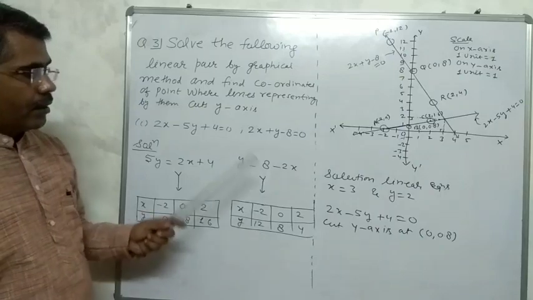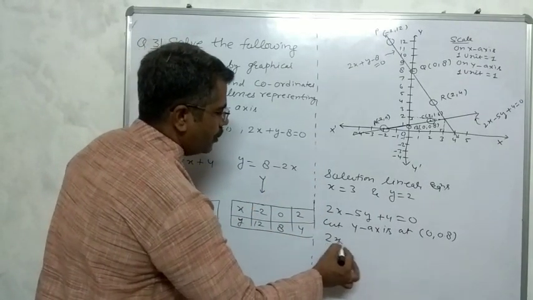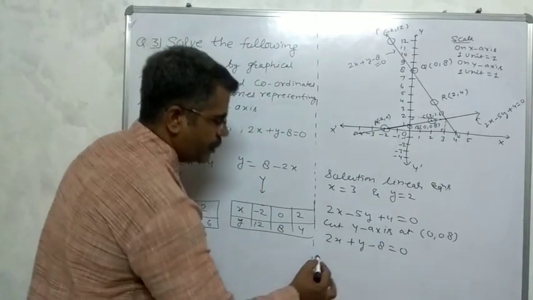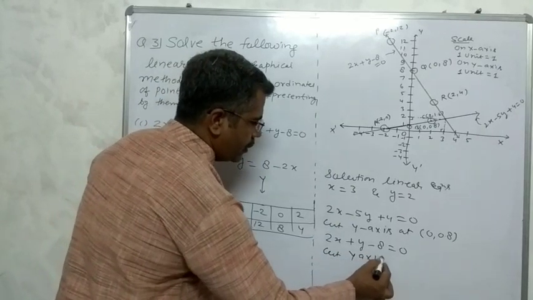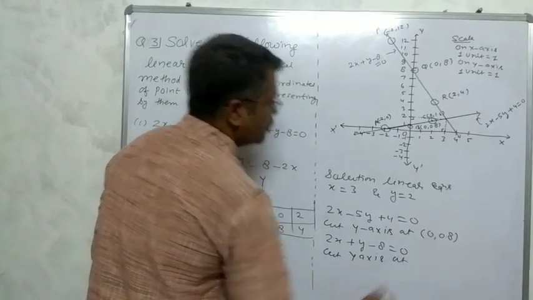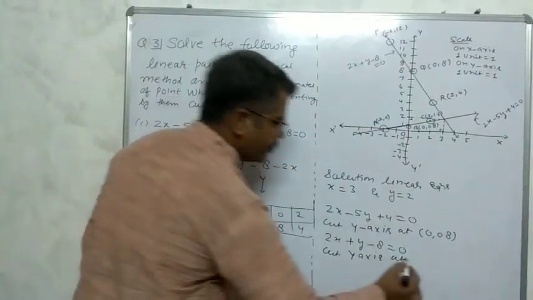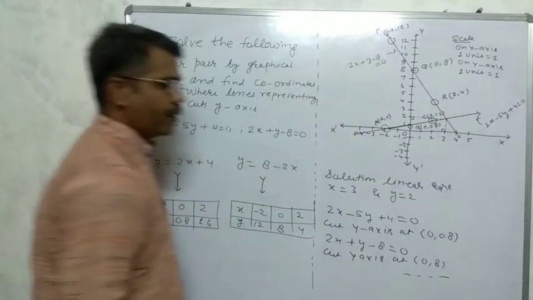Next, the line 2x plus y minus 8 equals to 0 cuts the y-axis at 0, 8. Our answer.